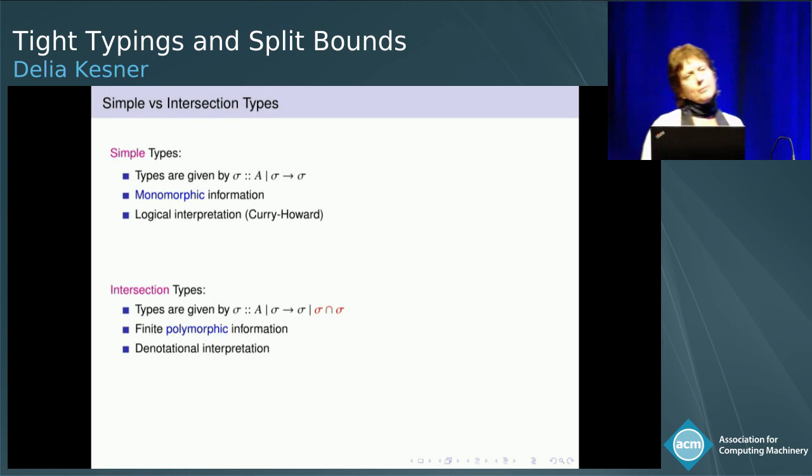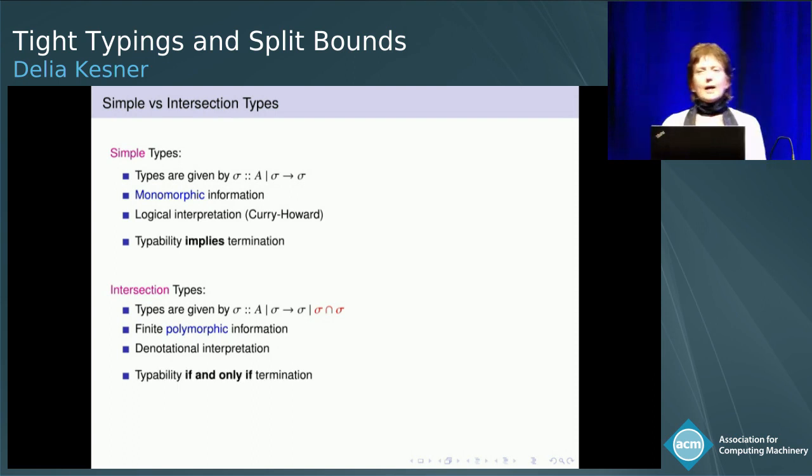While simple type theory comes from a logical point of view, typically the Curry-Howard correspondence, intersection types come from denotational semantics. And that's why typically in simple type theory you can show that a typable term is normalizing, and that's all. But using intersection types, you can also show that a terminating term is typable.